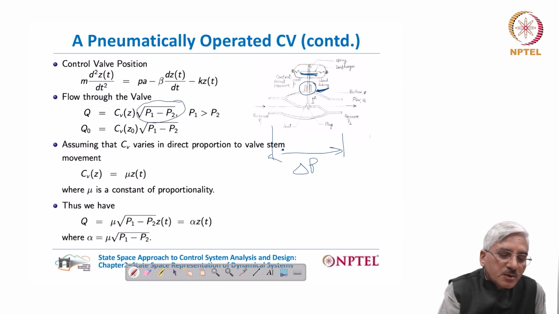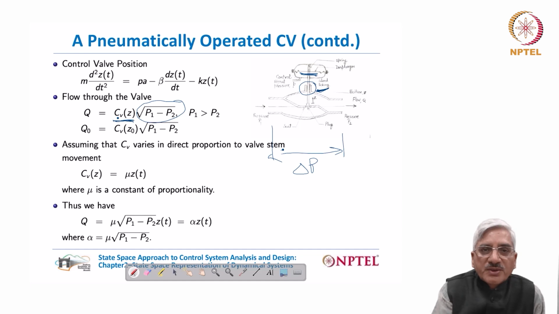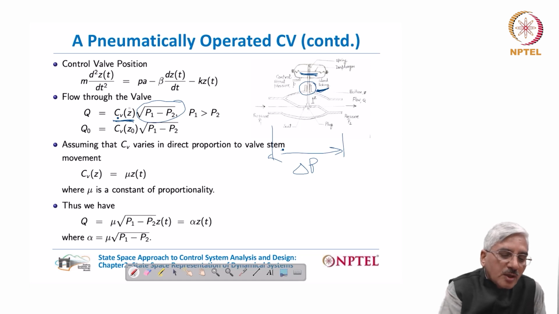So Q is proportional to square root of P1 minus P2, and this thing CV times Z is called as the valve coefficient. In this case, the valve is moving, so corresponding to each position there is a corresponding coefficient which is represented as CV times Z.